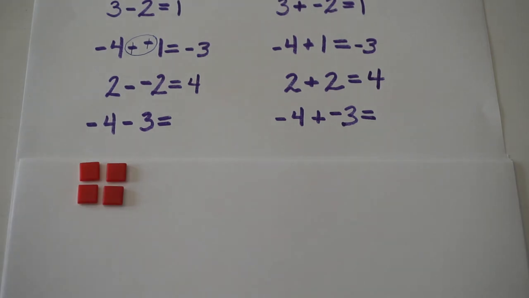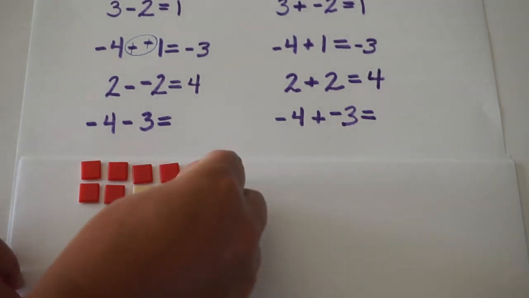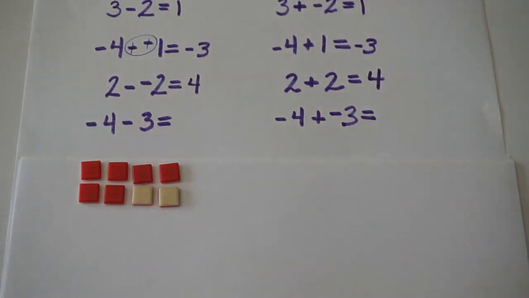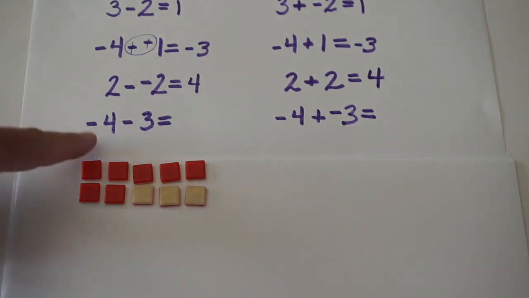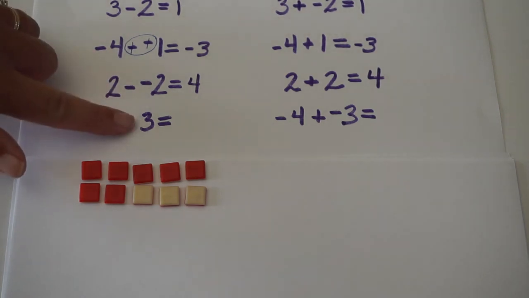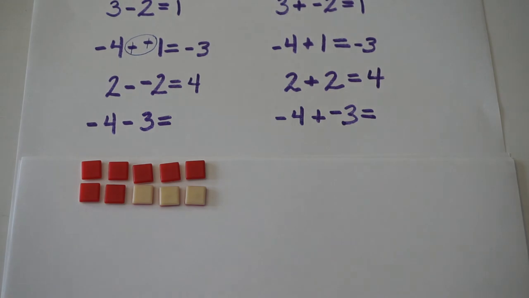I have 4 negatives. Plus 0 is still -4. Plus another 0 is still -4. Plus another 0 is still -4. So the step I'm at right now, I'm still just representing my -4. But I'm setting it up so that I can take away 3 positives, and in order to do so, I need some positives in there to work with, and the zero pairs help me do that.